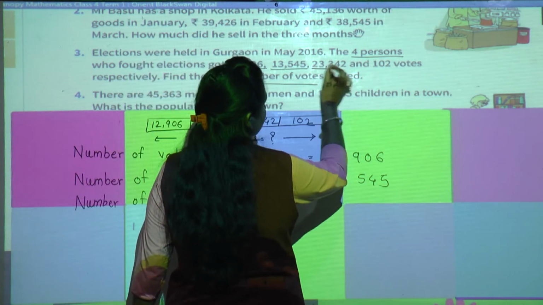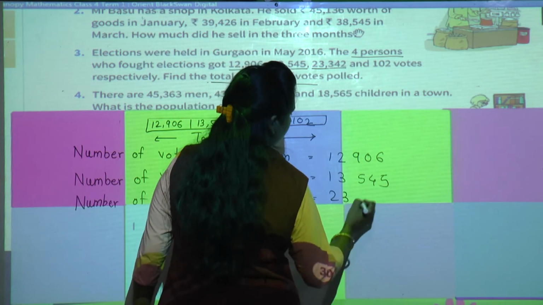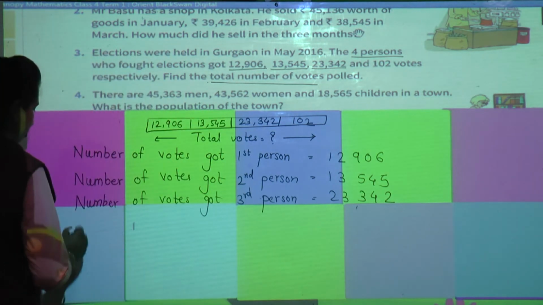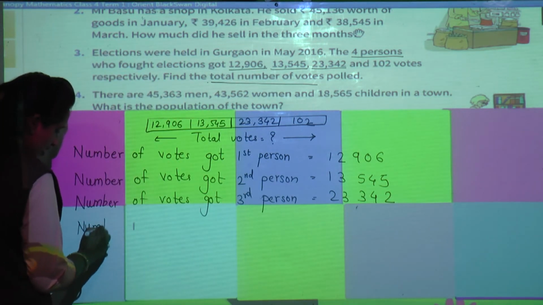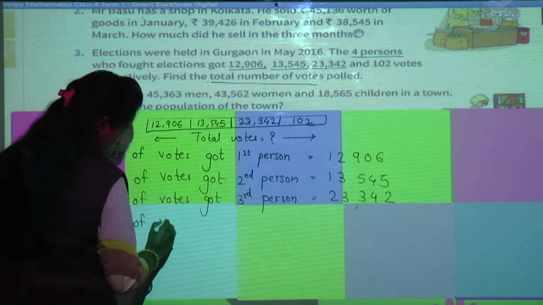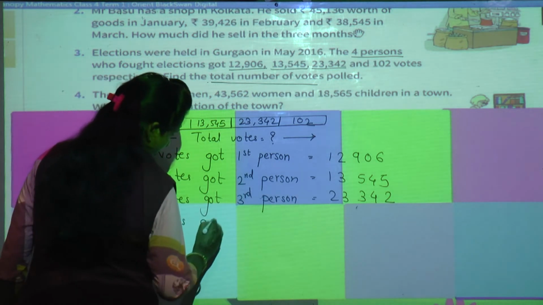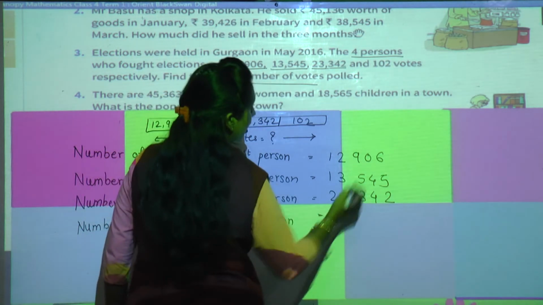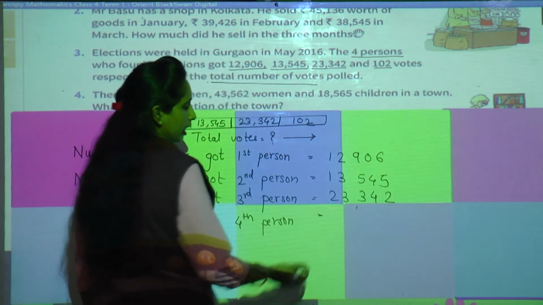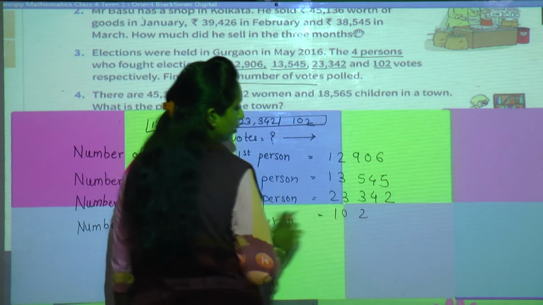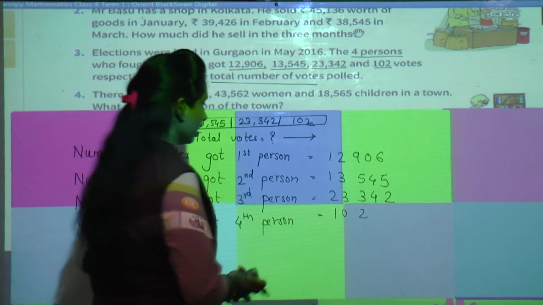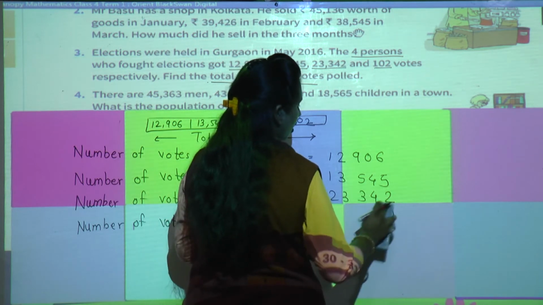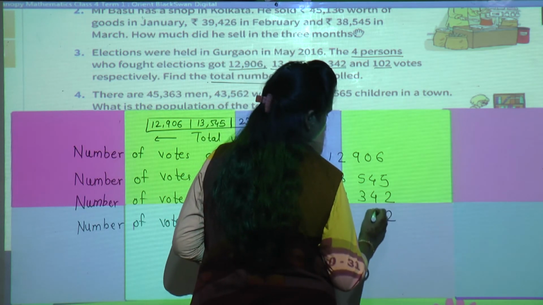See here, 23,342. And the last, the fourth person, number of votes got by the fourth person. How many? 102. See, if you write 102 from here, everything will go wrong. Okay, this is 102. So always write numbers from the right side, that is the ones place.